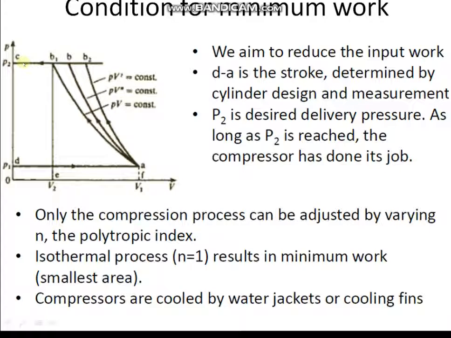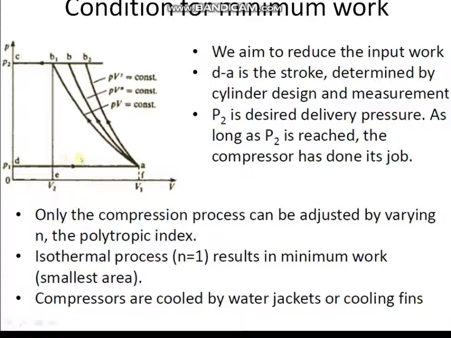So we try to find out the minimum amount of area required. D2A, the suction process, is determined depending upon the cylinder design and measurement, and P2 is the delivery pressure.